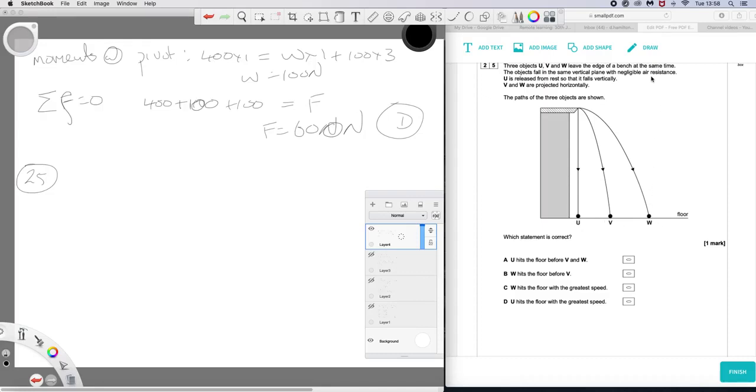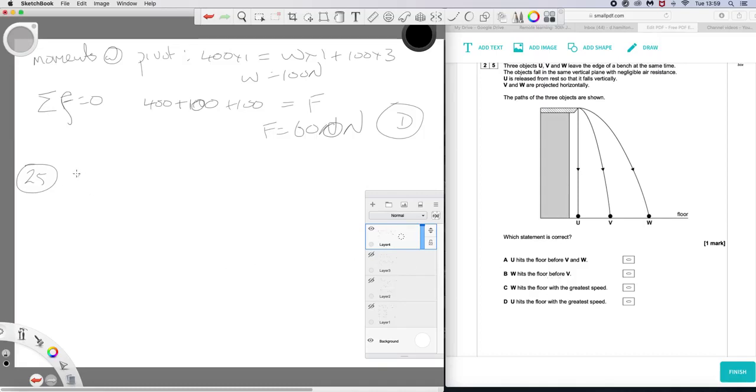That's because there is no air resistance and they're all going the same distance under the same gravity. So they'll all arrive here at the same time with the same vertical velocity. But W has the biggest horizontal velocity, and so W will have the biggest speed when it hits the ground. So the answer to 25 is C.